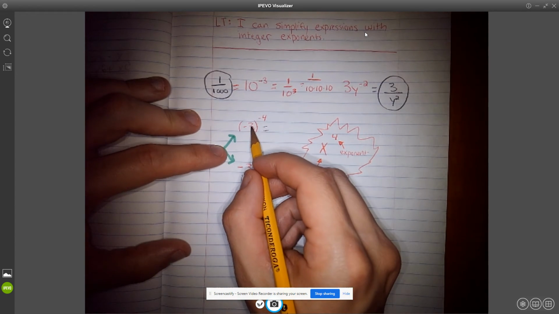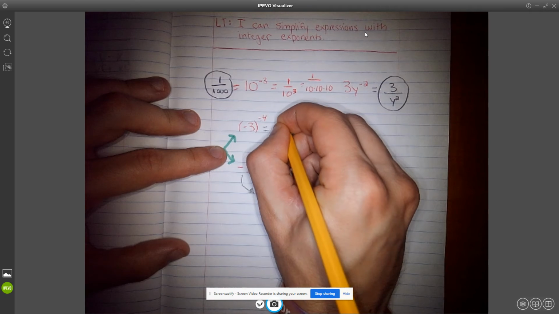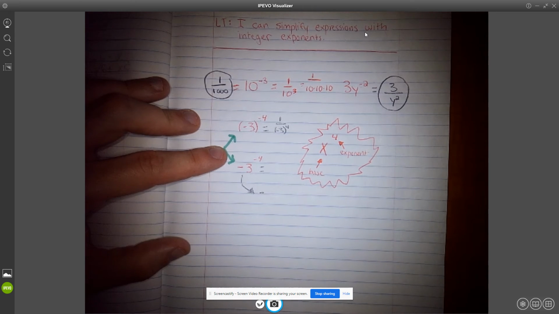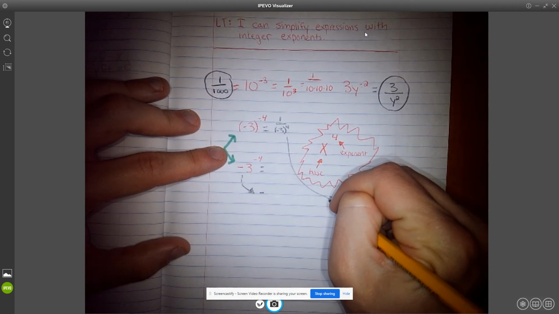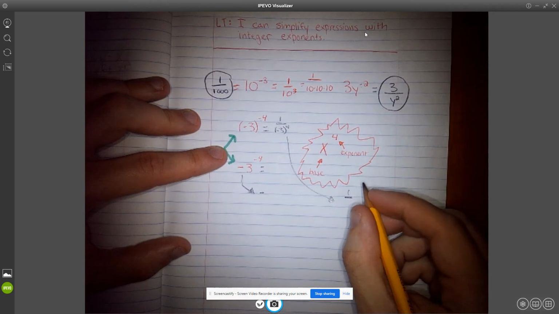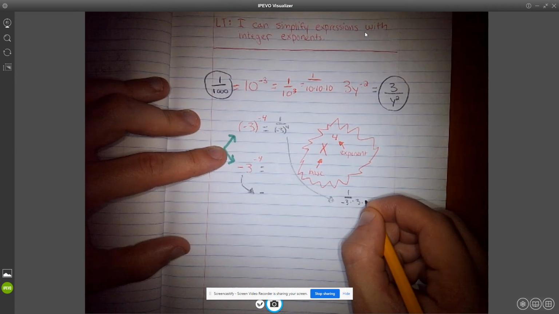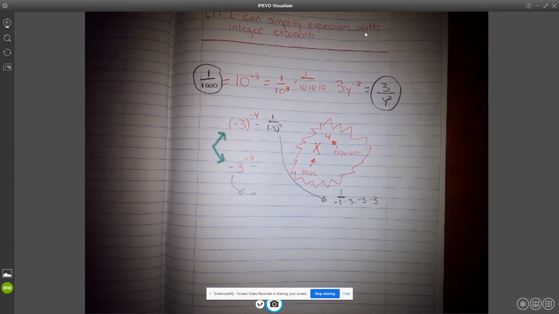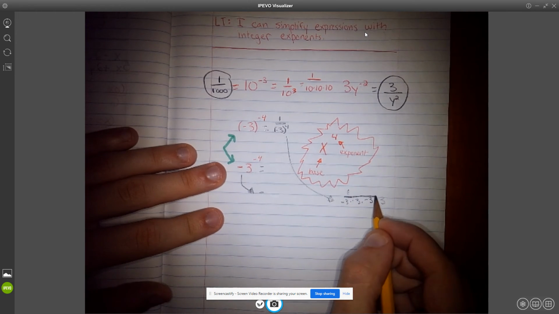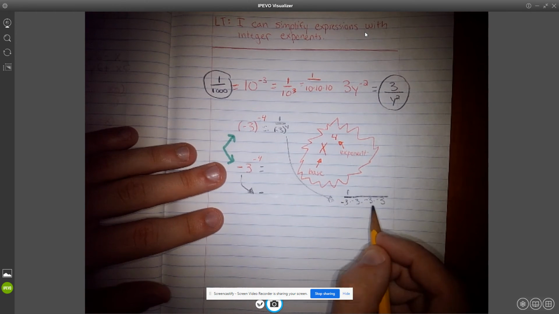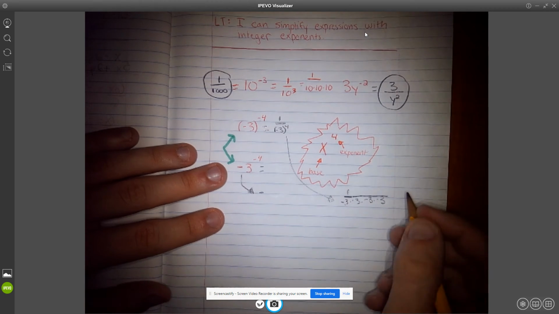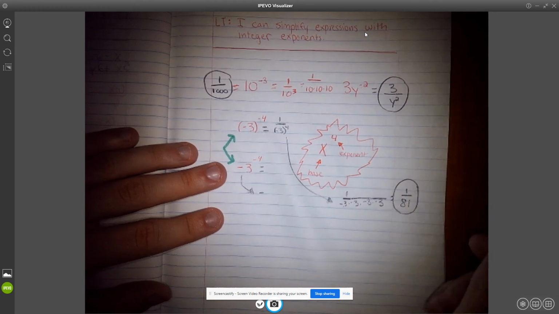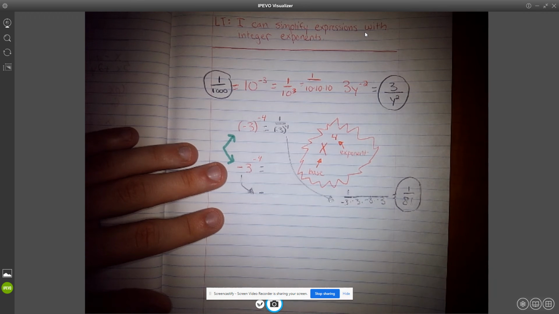So for example, this would be negative 3 to the negative fourth, which would look like 1 over negative 3 to the fourth, or 1 over negative 3 times negative 3 times negative 3 times negative 3. Those negatives cancel, those negatives cancel, so I know it's going to end up being positive. 3 times 3 is 9, times 3 is 27, times 3 is 81, so this would be 1 over 81, and again it is positive because the even number of negatives cancels out.